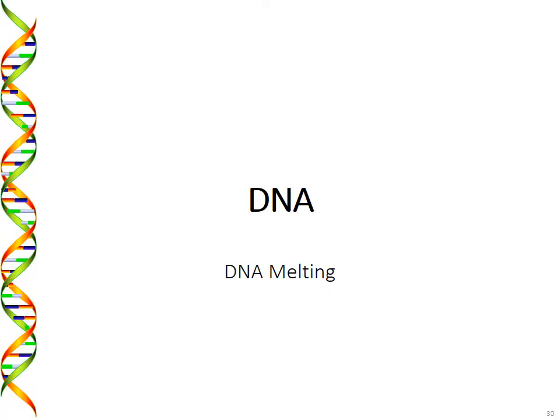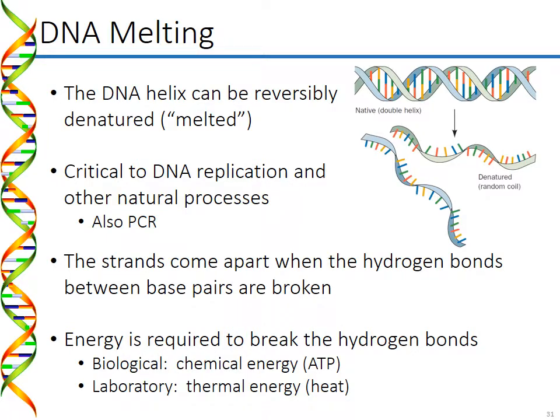Now let's take a look at DNA melting, which is a very important topic to understand for some of the technologies that we'll be talking about throughout the semester, starting with PCR in Lecture 1. The important thing to remember about hydrogen bonds is that, unlike covalent bonds, they're weak. This means that two molecules that are held together by hydrogen bonds can have those bonds broken. In the case of the DNA helix, we refer to this as denaturing or melting.